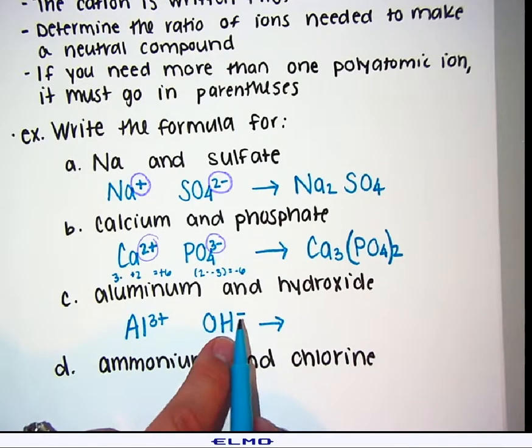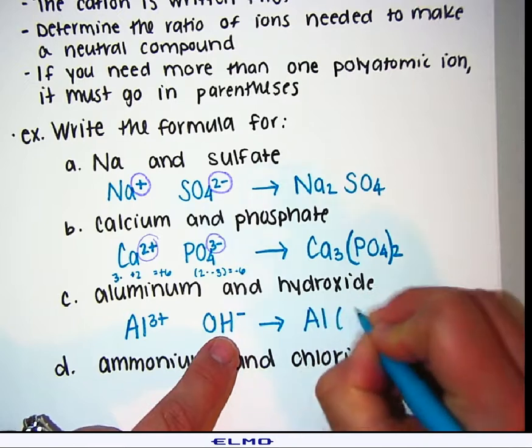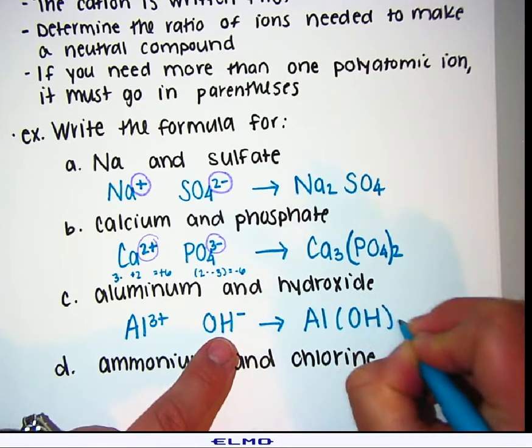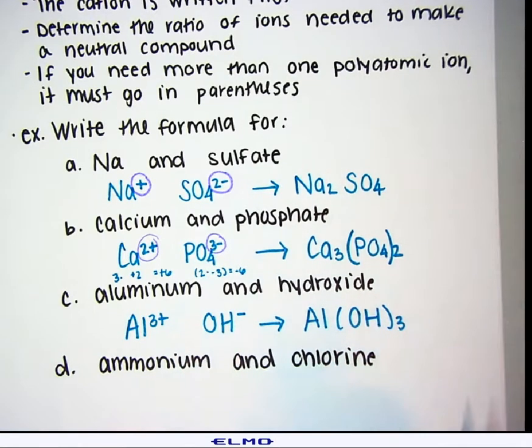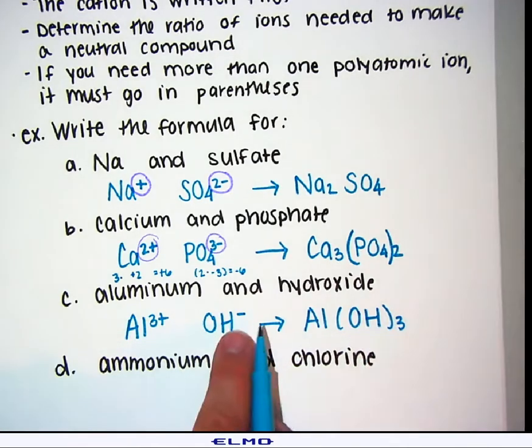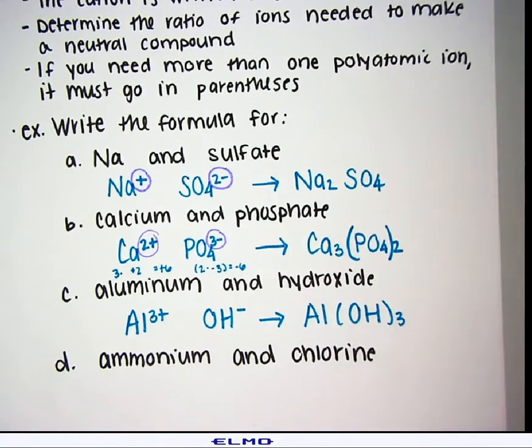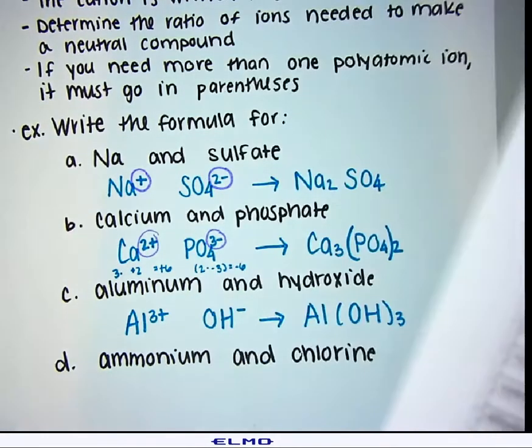That means I would need 3 hydroxides. And again, anytime you need more than 1 polyatomic ion, it must go in parentheses. If I have 3 hydroxides, each with a -1 charge, that's a -3. That's going to cancel out that +3.